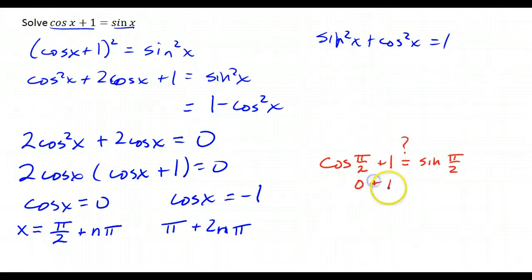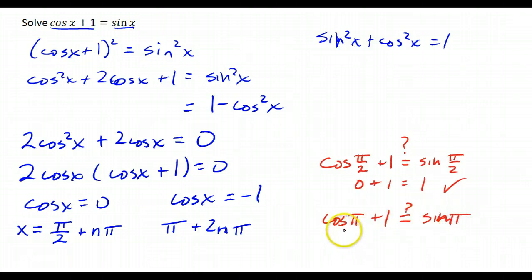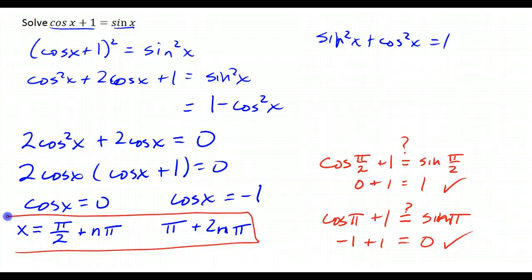Well, that's 0 plus 1, and the sine of pi over 2 is 1, so yes, it checks. Okay, how about pi? Is the cosine of pi plus 1 equal to the sine of pi? Cosine of pi is negative 1, plus 1 is 0, and the sine of pi is 0. So they both check out, and we will use all of these answers.